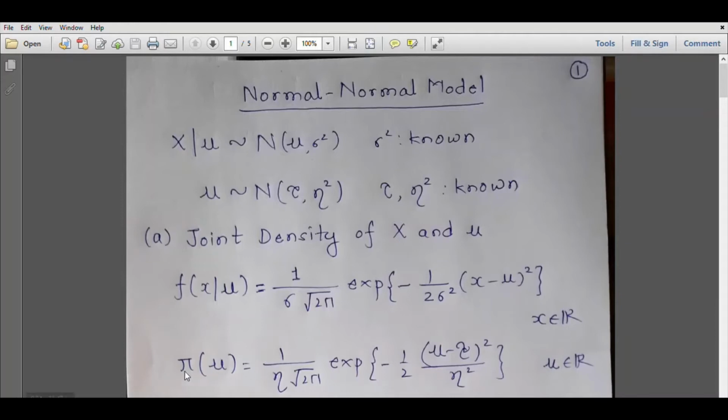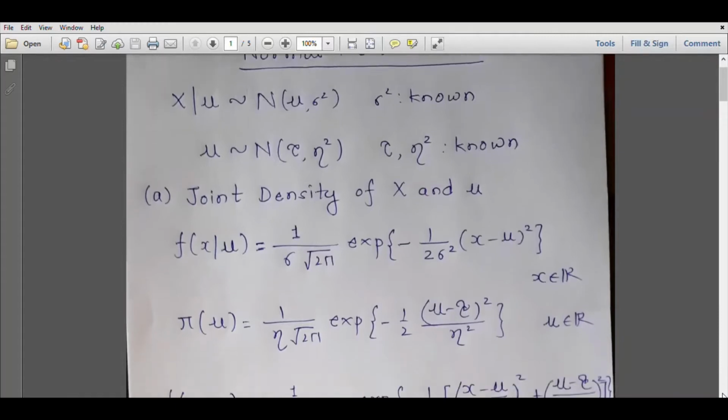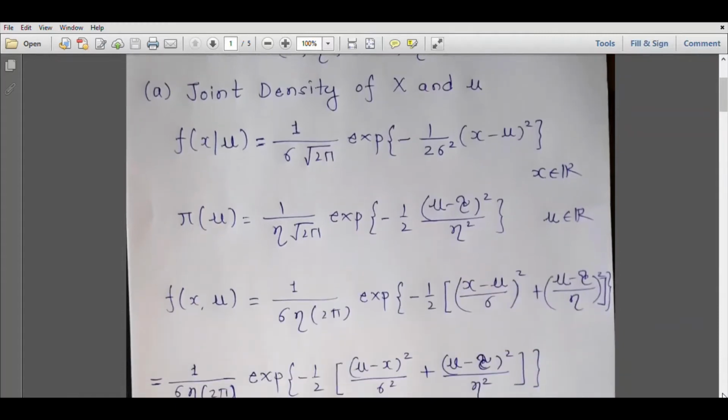Similarly, the prior distribution being normal, the density function of mu will be like this, 1 by eta root 2 pi e raised to minus half mu minus tau whole square by eta square. So the joint density can be computed like this. It will be simply product of this term and this term.